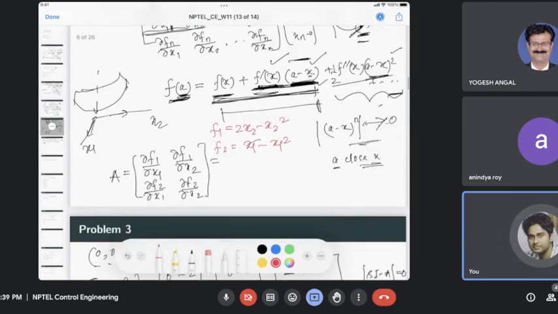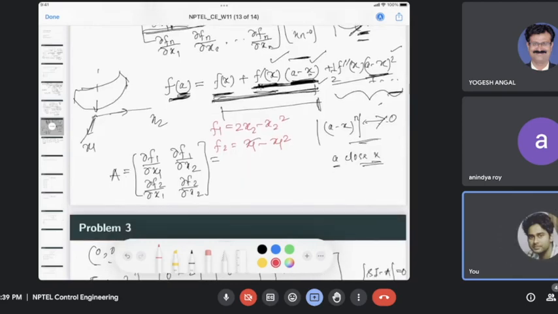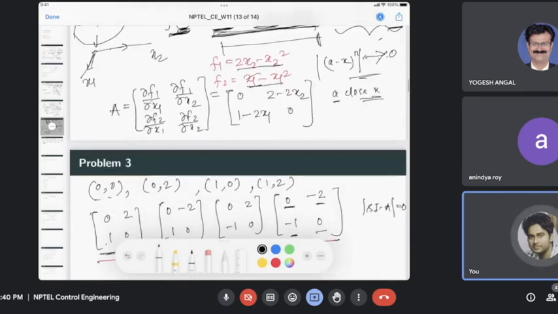So we take the partial derivatives. The first term does not depend on x1, so it is 0. For x2 it will be 2 minus 2x2, and for f2 it will be 1 minus 2x1 and 0. So this is how we obtain that A matrix.